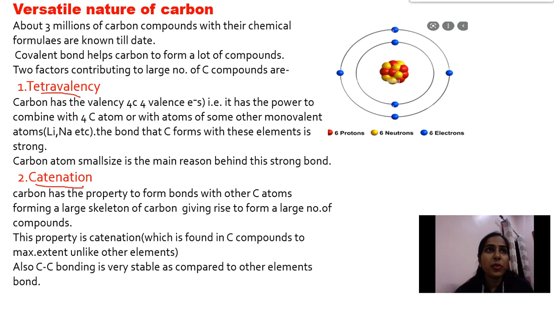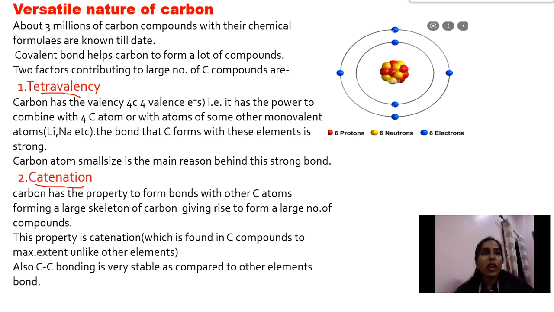So what do you mean by valency? You have earlier studied in your previous class that valency is the power of an atom to combine with another atom in a compound. So here the valency of carbon is 4. That means it has the power to combine with 4 carbon atoms or with some other monovalent atoms.